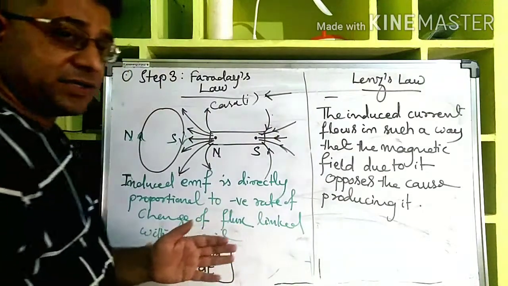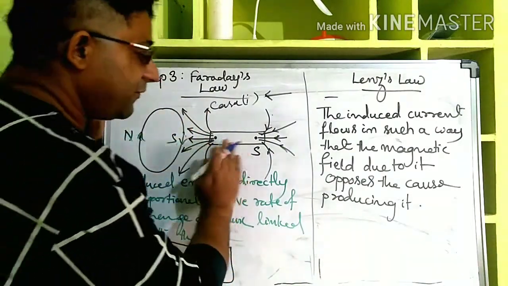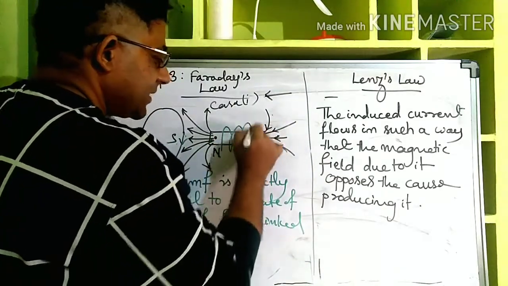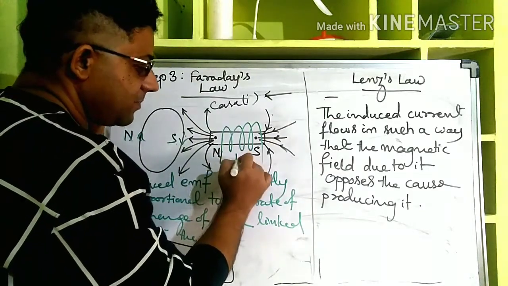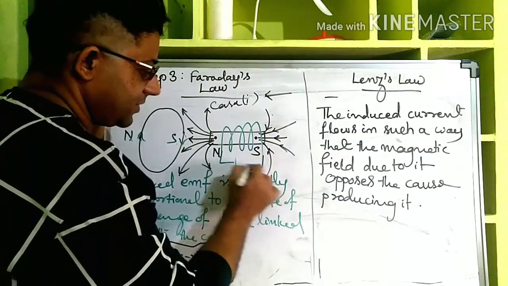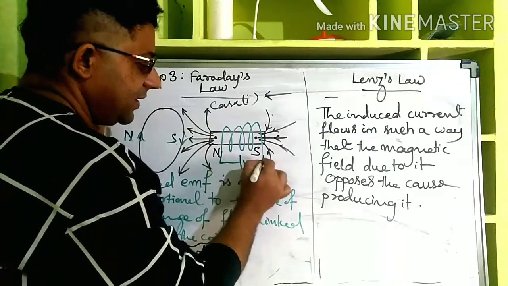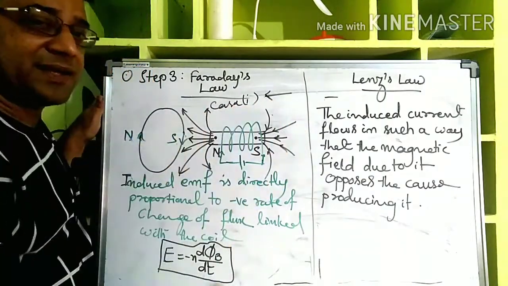Another fact, as shown in the first part in that experiment also, instead of an actual magnet, we can take one solenoid and pass a current through it. If a current is being passed, then it also acts like a magnet, right?